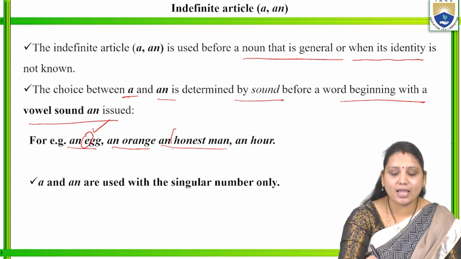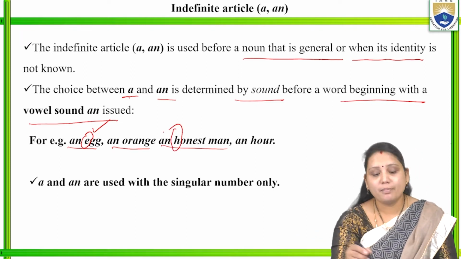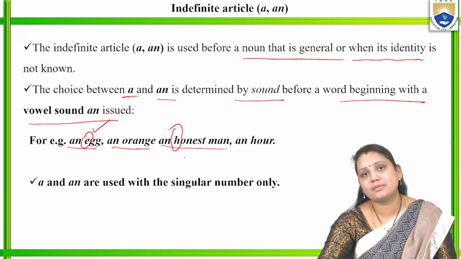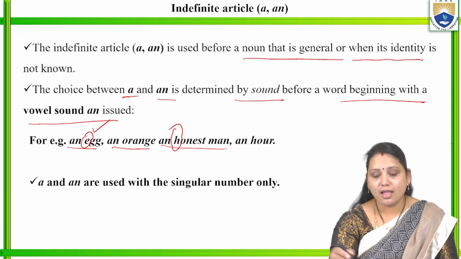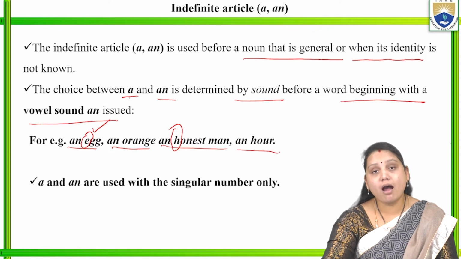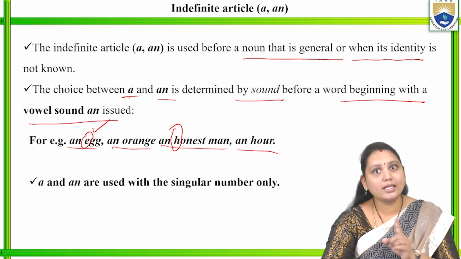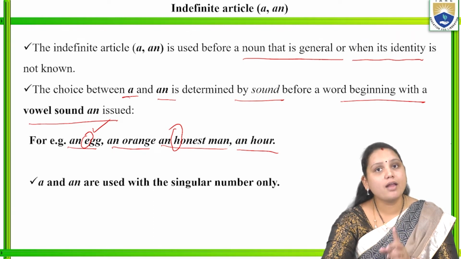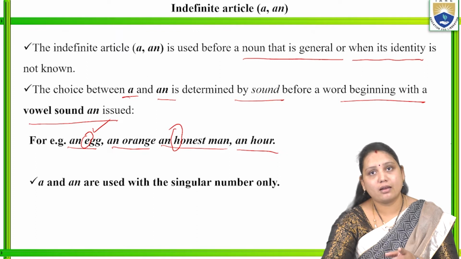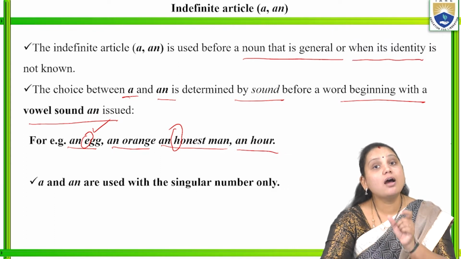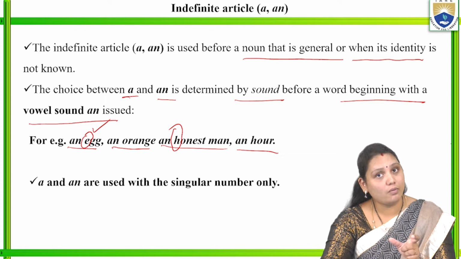You can ask me why H is not the vowel, but here it is silent. We are saying an honest man. Next, an hour. Here we are not saying 'our'; that is the wrong pronunciation. An hour. An honest man. An orange. An egg. So, you are going to use 'an' before the words which give the sound of vowels.